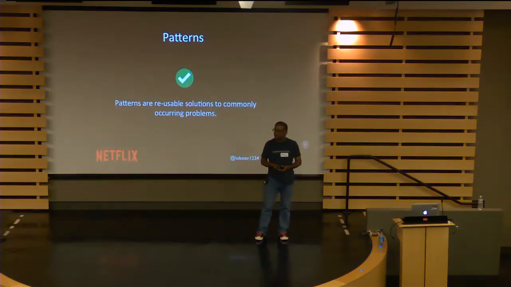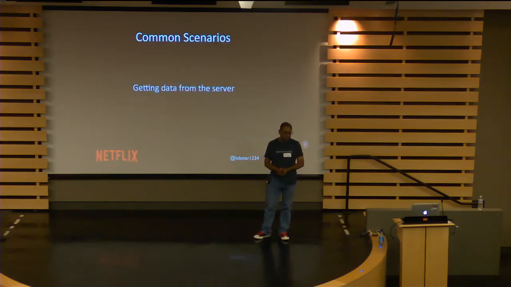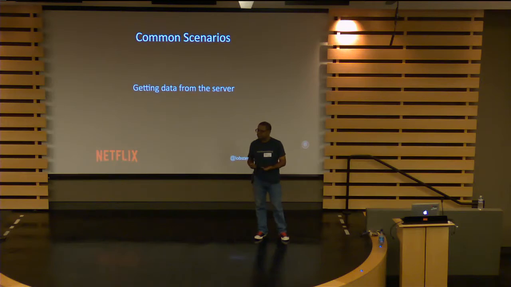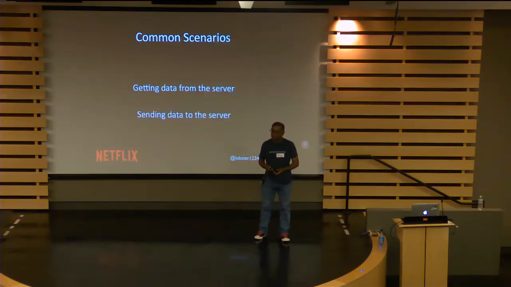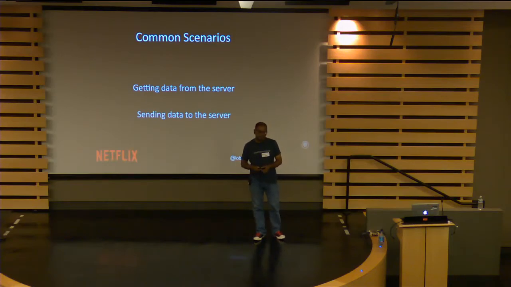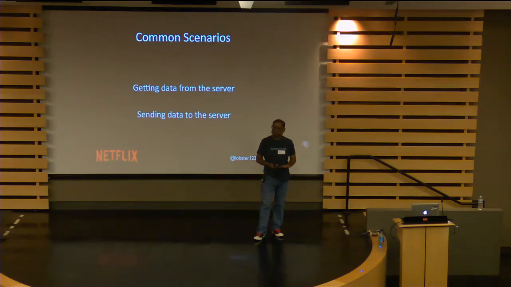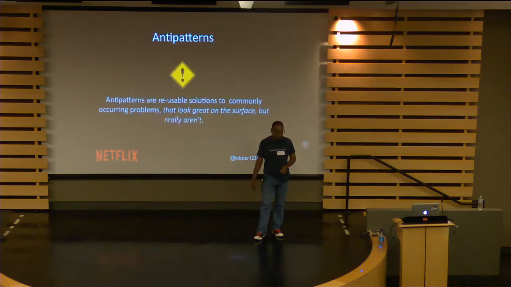That's exactly what patterns are in the API world as well. They are reusable solutions to very commonly occurring problems. Common scenarios are getting data from the server, sending data to the server, uploading a file, downloading a file, encrypting a response. All of that is a very common scenario, which warrants a pattern-based solution.